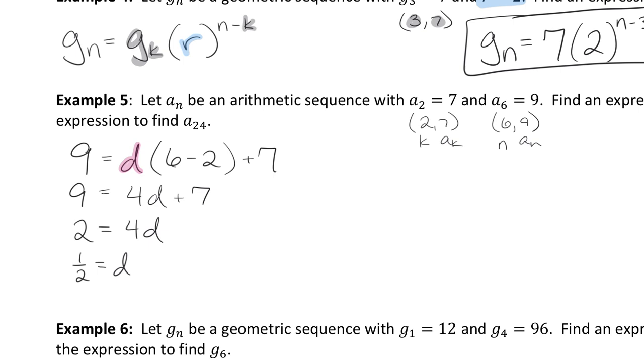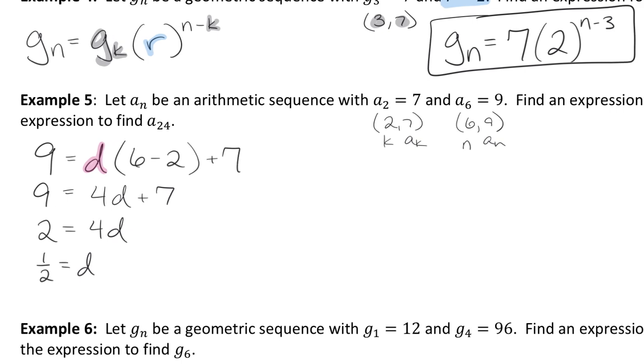But now that we have the common difference of 1/2, we can go back to the regular formula and plug it in. We would say that a sub n is equal to that common difference of 1/2 multiplied by n minus 2 plus 7.